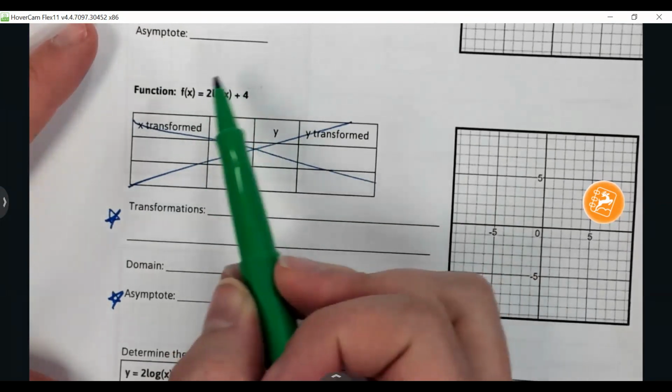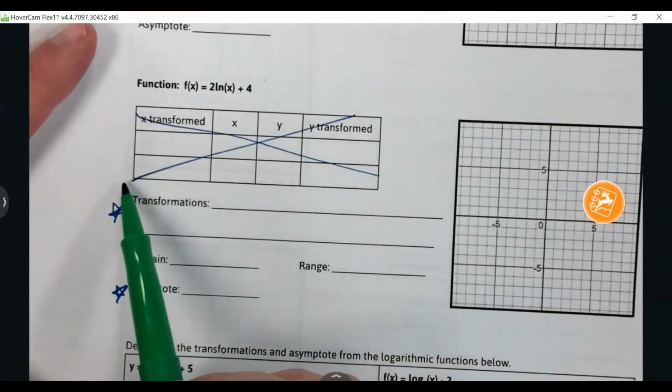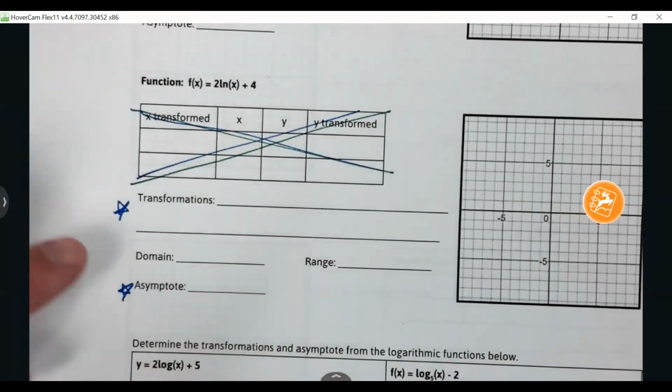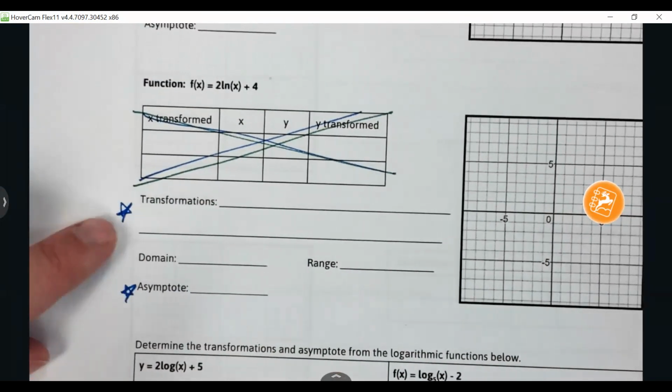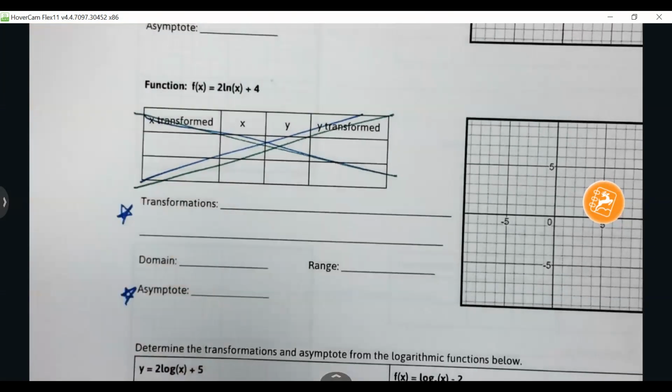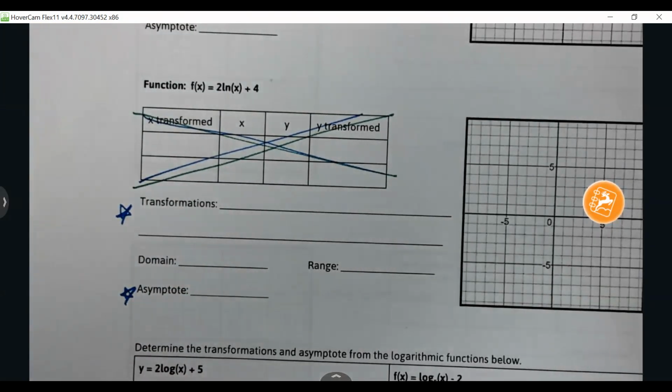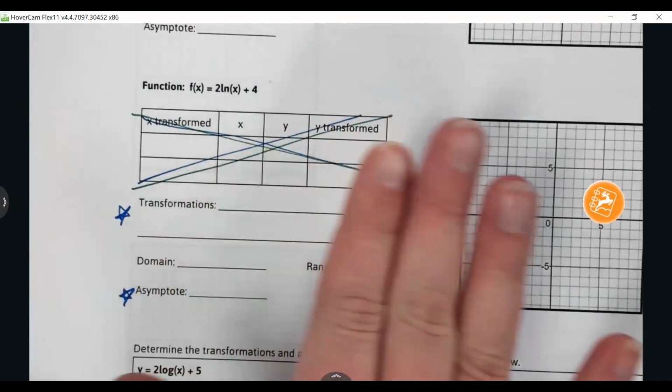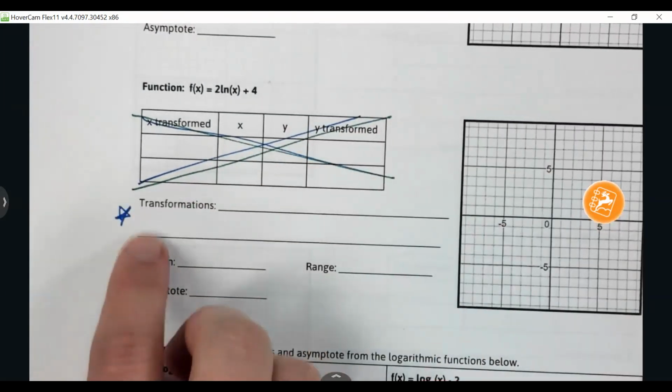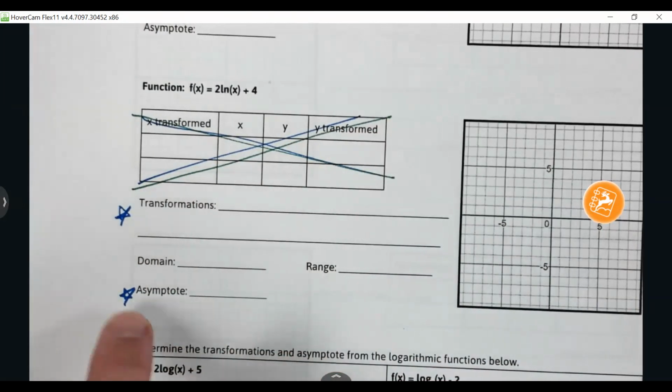I'm not going to teach you this right now, so you're not graphing, but you can still write the transformations. This is just a different type of log function, okay? So if you see an E or an LN, you're not graphing, but you can write the transformations and the asymptote.